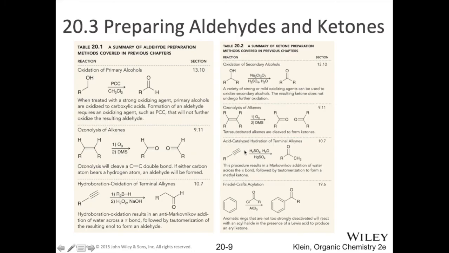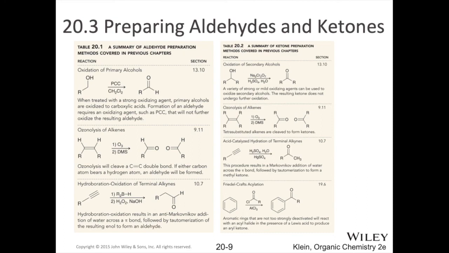Now, if you do a Markovnikov addition, that alcohol group is going to go to the more substituted carbon, that internal carbon, and when it tautomerizes, now that carbonyl carbon has two carbons attached to it, and therefore it's going to be a ketone. So the difference between forming an aldehyde or a ketone when you start off with a terminal alkyne is whether it's Markovnikov or anti-Markovnikov.